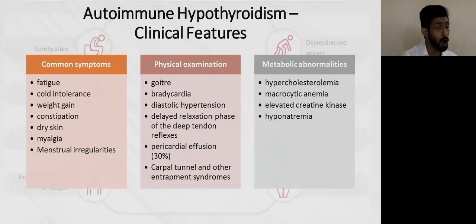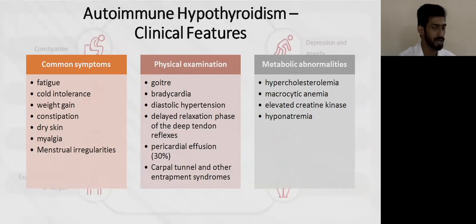And something that I have noticed very commonly in our OPDs is patients presenting with entrapment neuropathies. Quite a large number of females who come to us with symptoms of median neuropathy end up having hypothyroidism. So if they do not have diabetes, it's worthwhile discussing with the patient the benefits of checking a TSH.